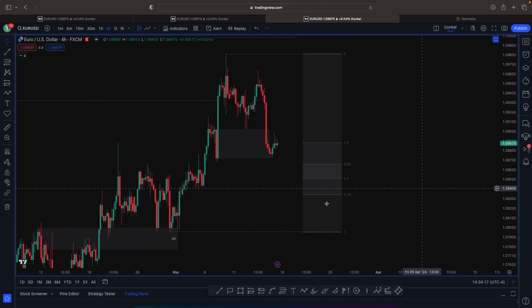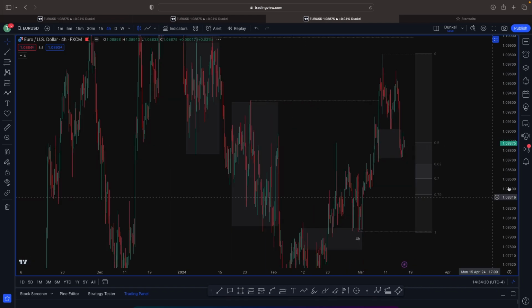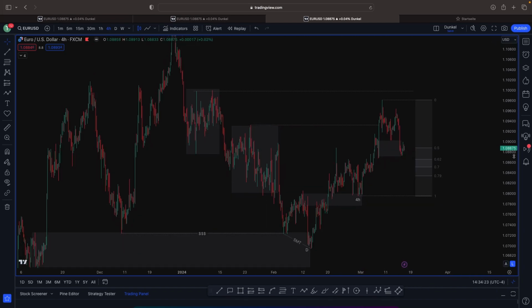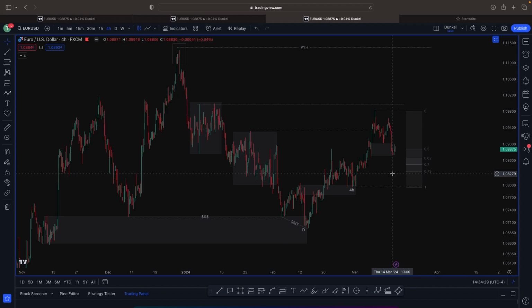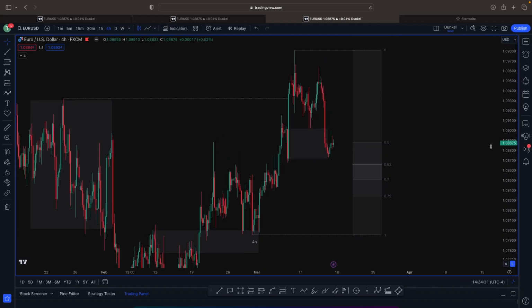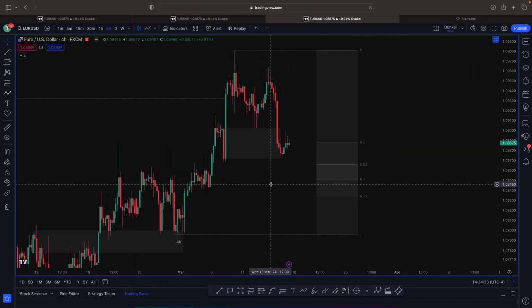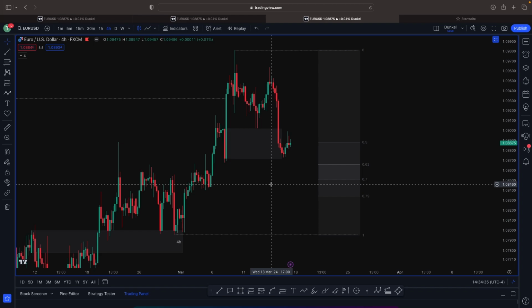And you can see that we again have this impulse like we have at the beginning of this higher time frame for our market maker buy model. We get the impulse and then all the rest, and now again we have an impulse, because markets are fractal.